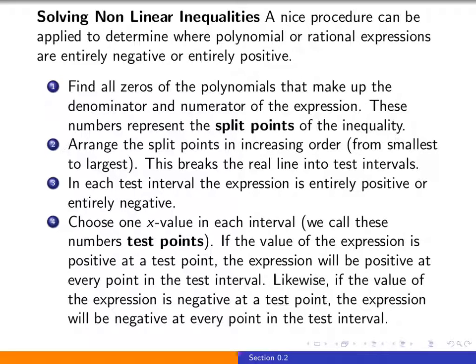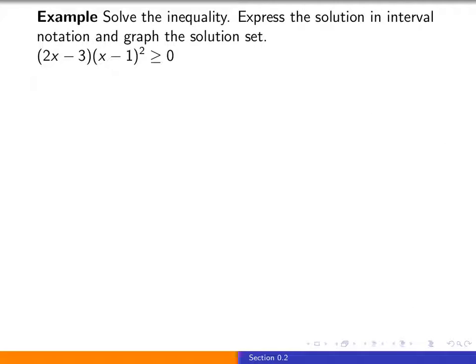So let's put this to work. In this example, we would like to know where this polynomial expression is bigger than or equal to 0. The first step in solving this is to find those special points that we called split points.